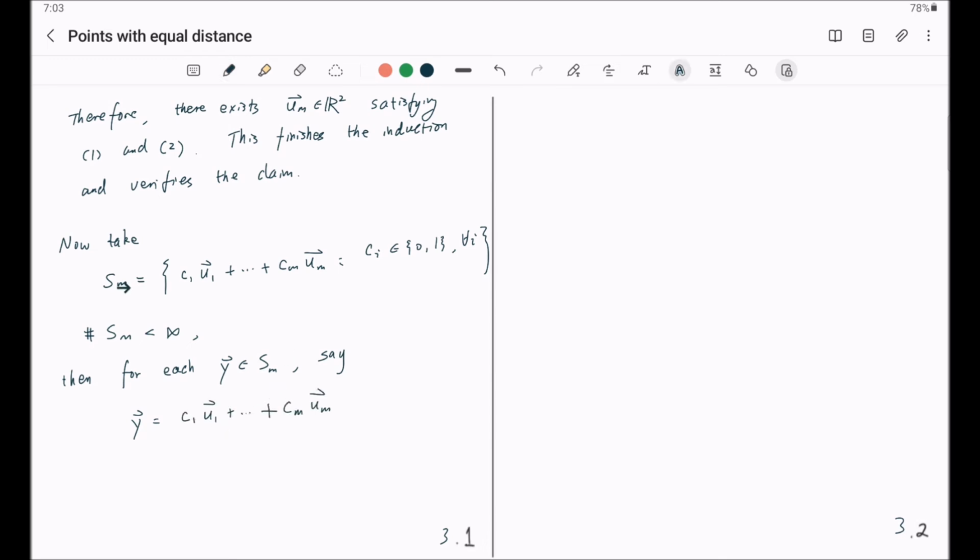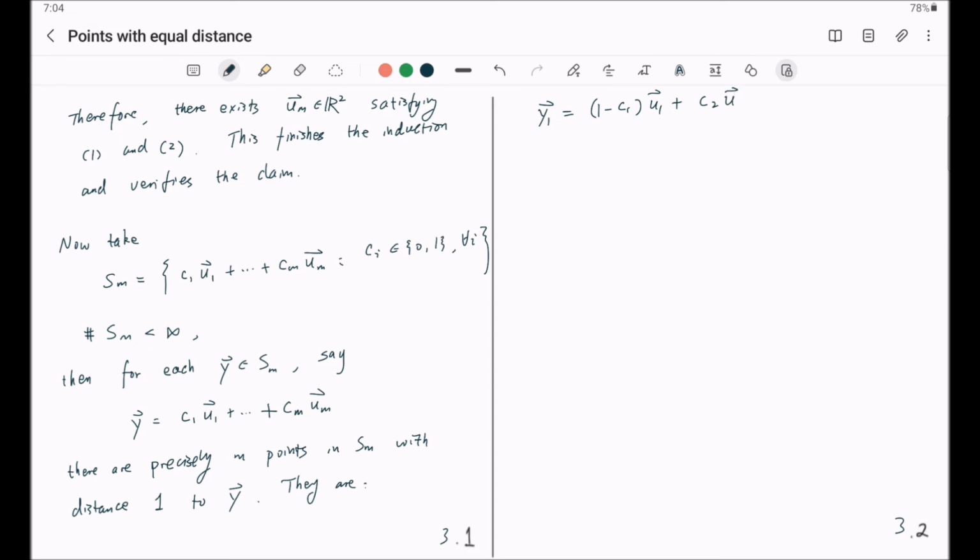there will be precisely m points whose distance to this point equals 1. They are the following m points. Y1 is a point where you change C1 from 0 to 1 or 1 to 0: 1 minus C1 times U1 plus C2 times U2 and so on up to Cm times Um.